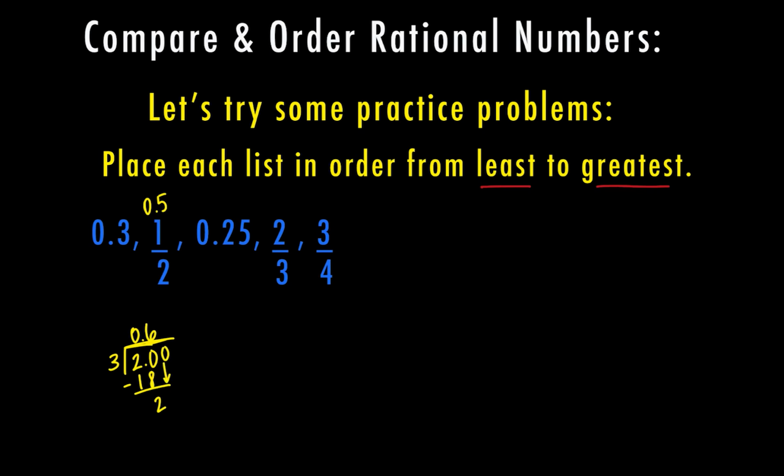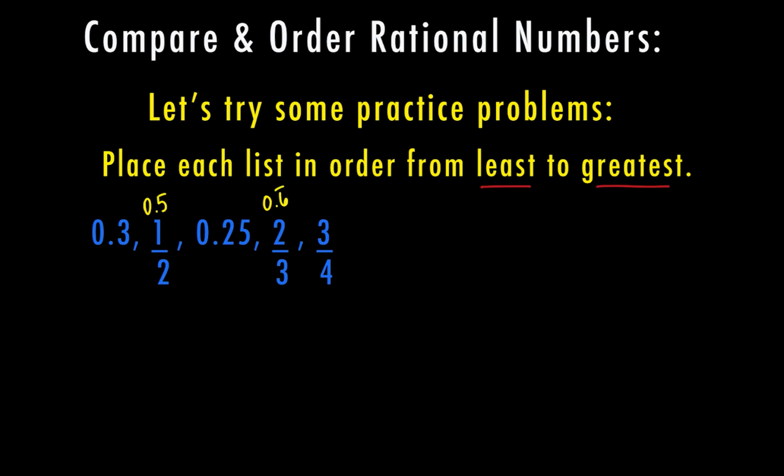If I bring down another 0, 3 goes into 20 6 times, and if you'll notice, I'm going to have the same thing over and over, so that means that the 6 is just going to be repeating. So now we know that 2/3 is 0.6 or 6/10 repeating.